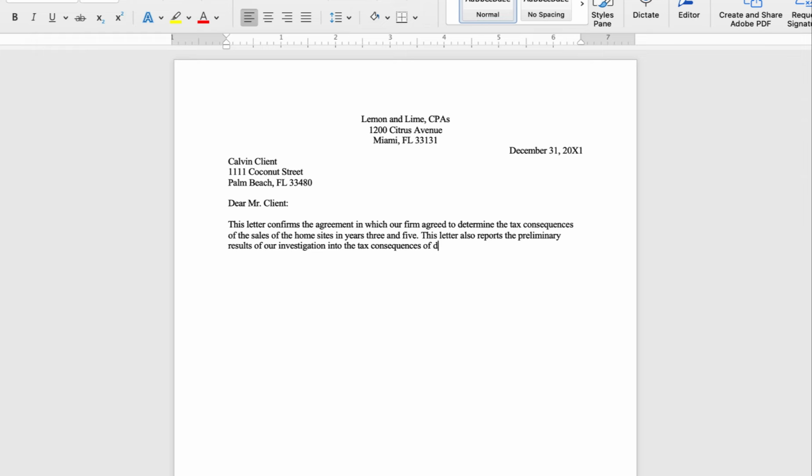Of determining the tax consequences of the sales of the home sites in years 3 and 5. So notice I kept that consistent with above.